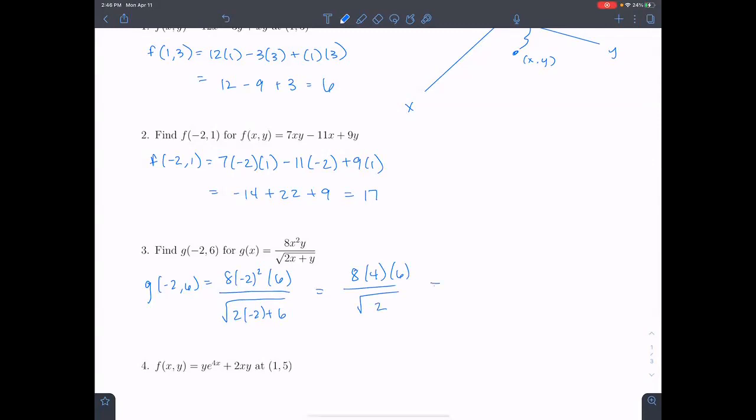So 8 times 4 is 32, times 6 is 192, divided by root 2. So something like 135.76.